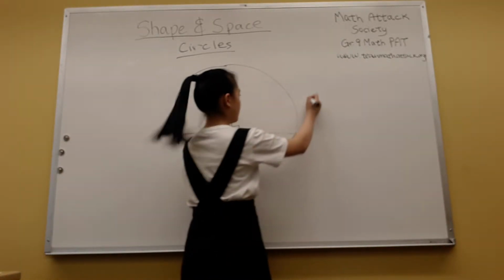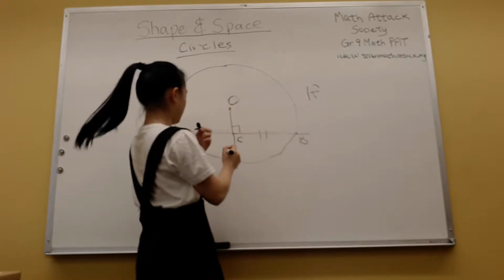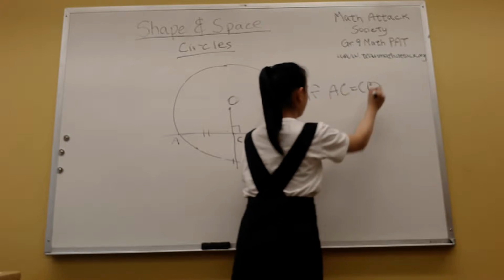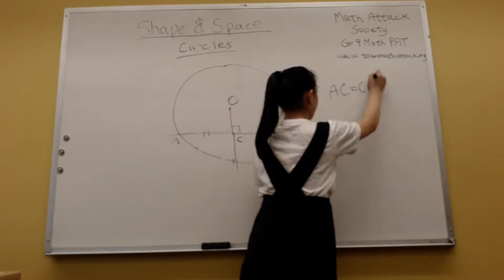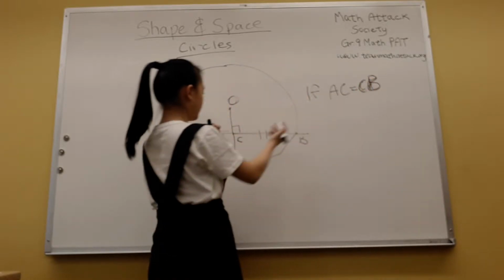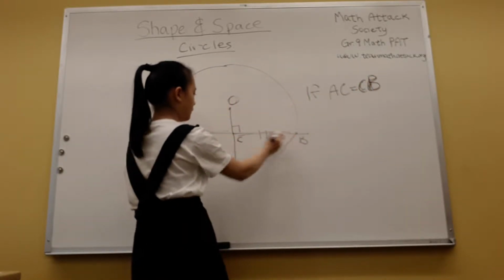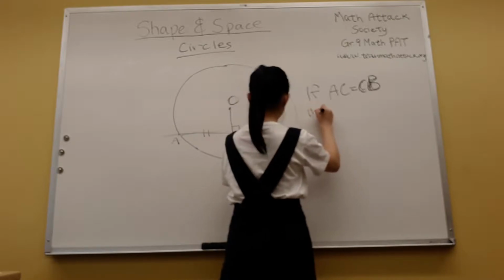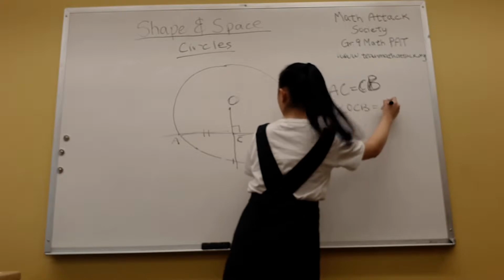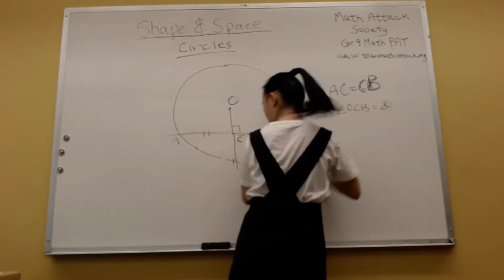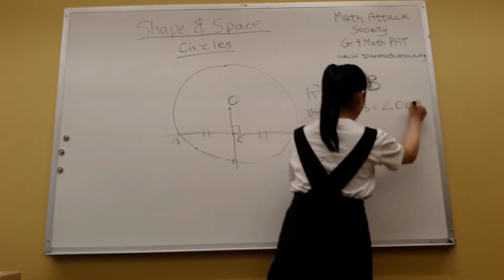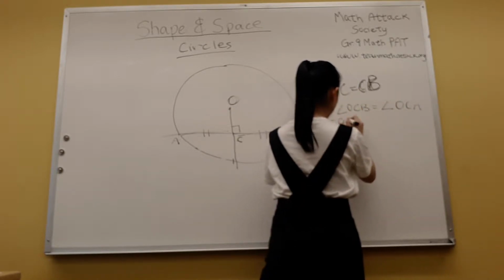Mathematically, we could write that if AC is equal to CB in this circle, then angle OCB would equal angle OCA and would equal 90 degrees.